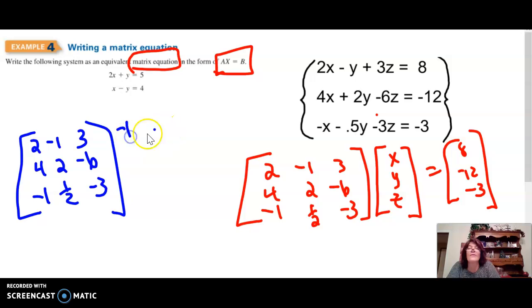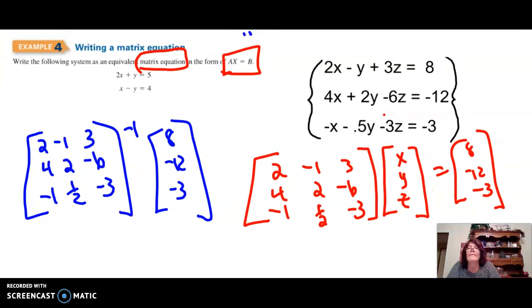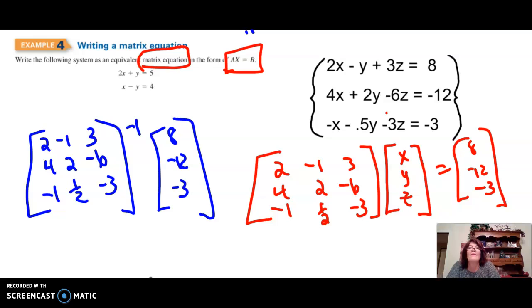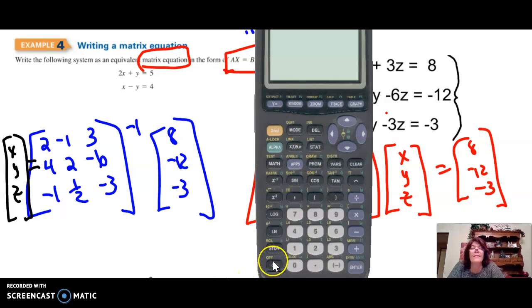I'm going to take the inverse of that times 8, -12, -3, and that's going to be the answer to X, Y, Z. So X, Y, Z equals the inverse of this matrix times that. For that, I'm going to pull up my calculator.